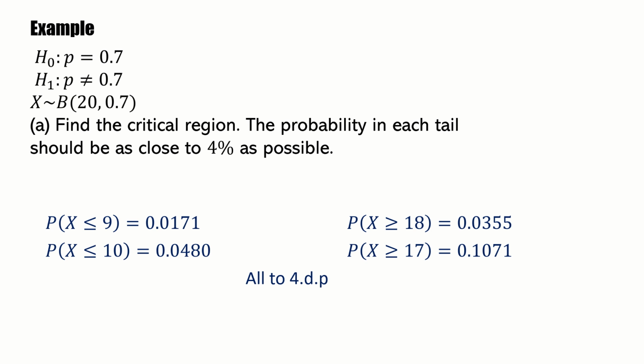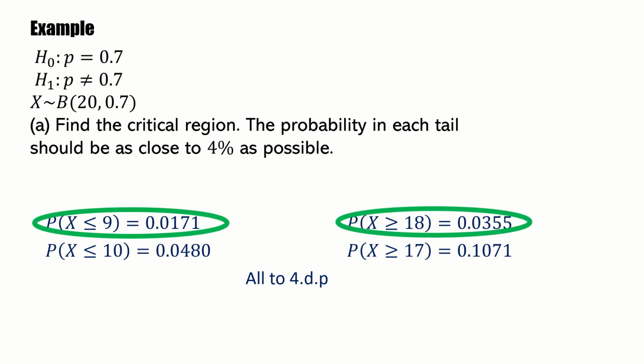So those are the 4 probabilities: the last one that's below the threshold and the first one that's above the threshold. Interestingly, if this was one of the previous questions we've been dealing with, we would have automatically picked the probability of x less than or equal to 9, because that's the closest we can get to 4% without going over it, since x less than or equal to 10 is over 4%.